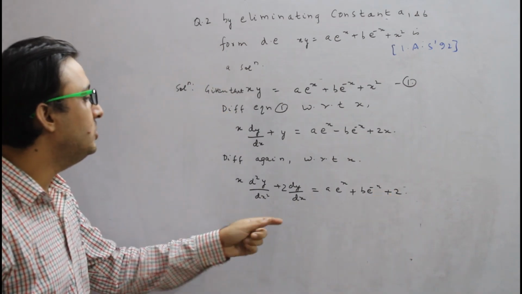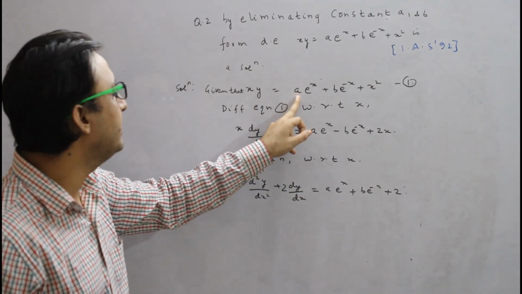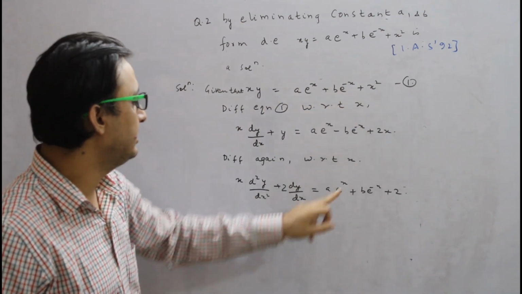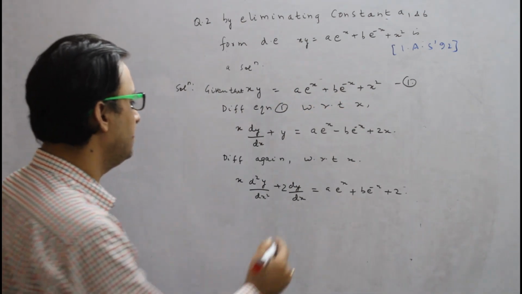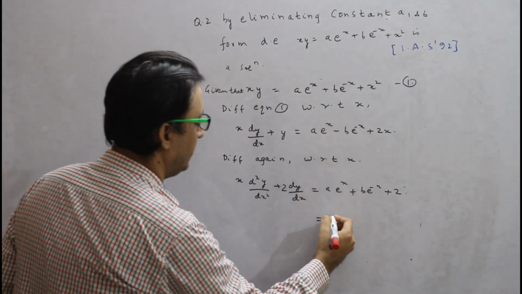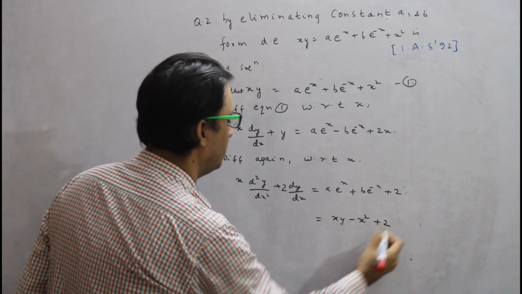Now we can use something from equation 1, that is, we can put the value of a e to the power x plus b e to the power minus x equal to xy minus x square here. So I am going to straight away put it here. So I can write it as xy minus x square plus 2.